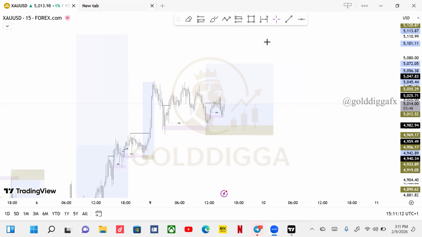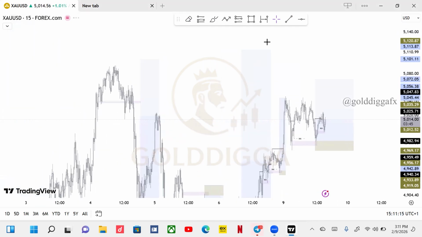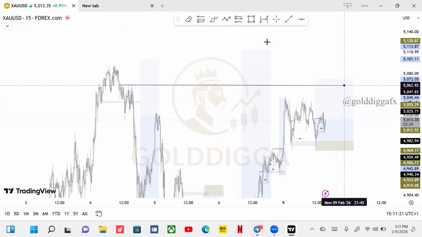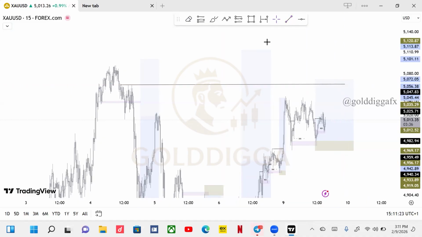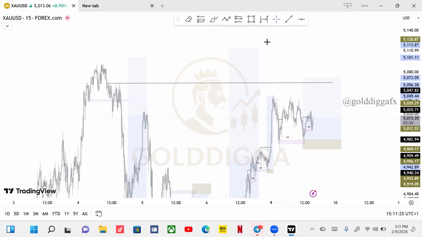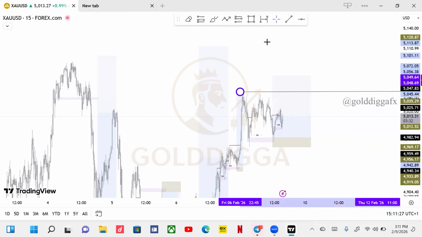Okay, my TP is on 72 because of this high. All these highs here, I want to see them get taken out. So these are the major areas I'm targeting, but this is the safest area to target, the Asian high. So once price gets here, I'm going to take partials.